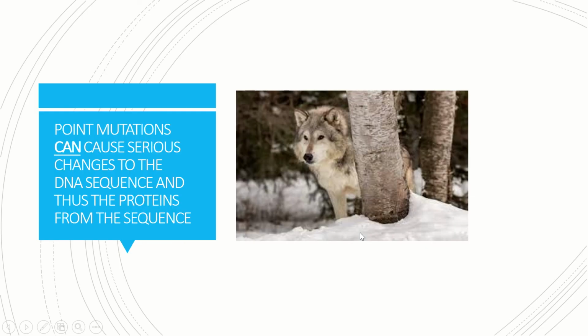So essentially, when studying point mutations, it's important to understand that these mutations can cause serious changes to the DNA sequence, and thus the proteins that it codes for, but not always. In terms of silent mutations, the amino acid doesn't change even though a mutation occurs.